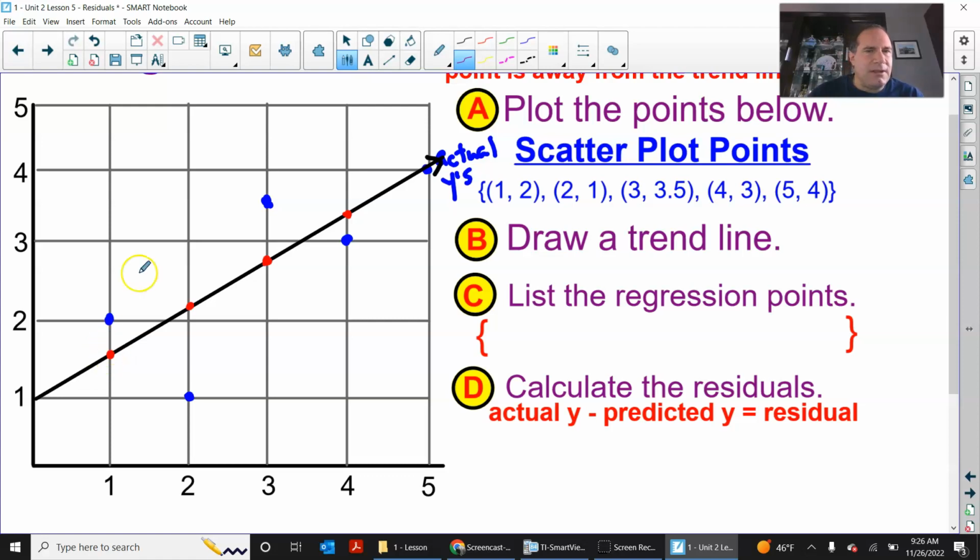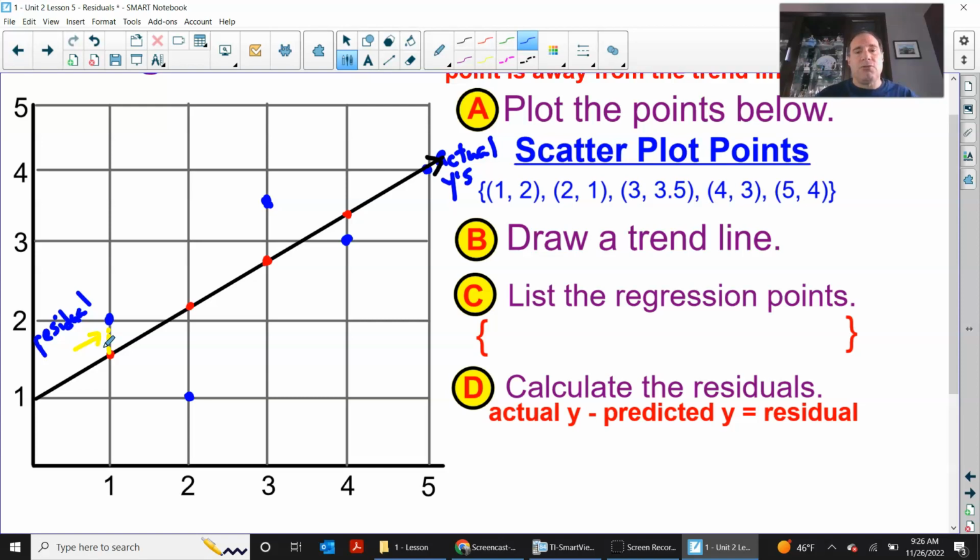So if this point right here, we're going to just go up right there. This is going to be the residual. It's the difference between the actual and the predicted.